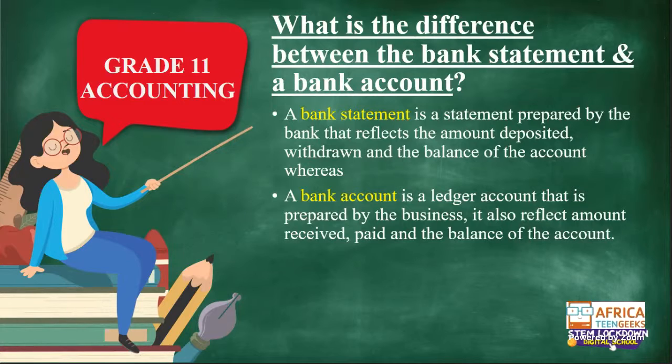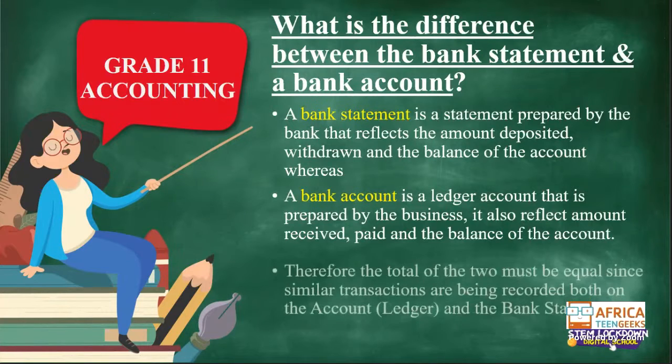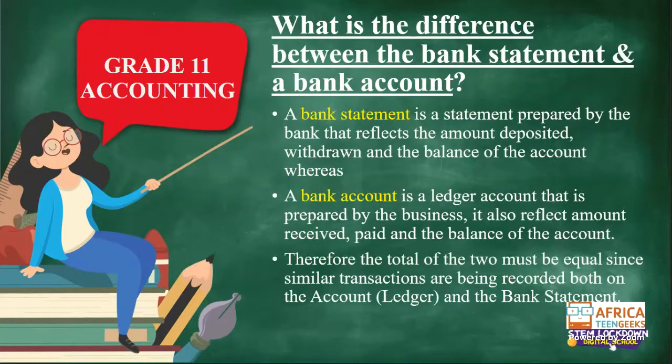Now, so that's why these two things need to have the same balances, right? Therefore, the total of the two must be equal, since similar transactions are being recorded on both the bank account and the bank statement.